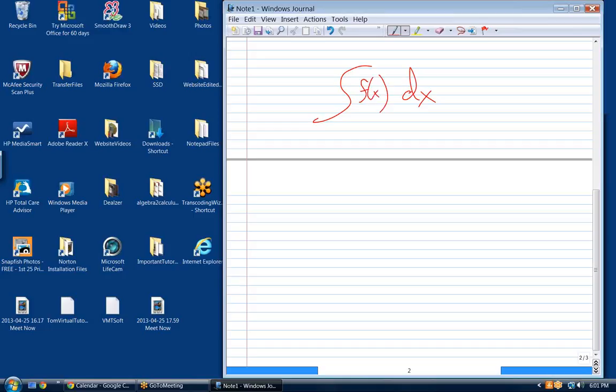If this is a function of y or some other variable, then it has to be d that variable. In other words, there's no way to integrate a function of y using a dx, not unless you can turn the function of y into a function of x, which you sometimes can do. And then, of course, you go from one limit to another.